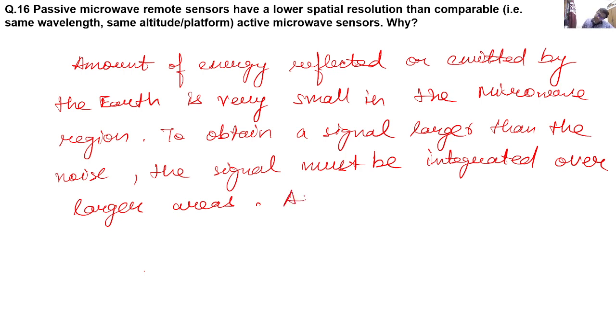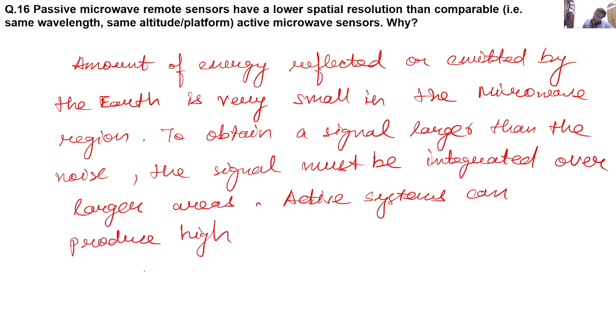Active systems can produce high energy amounts, whereas passive systems rely on energy from some other sources. What if the energy is low? Then the detection capability will also be low, and that is why the passive microwave remote sensors have a lower spatial resolution than that of the active microwave sensors.